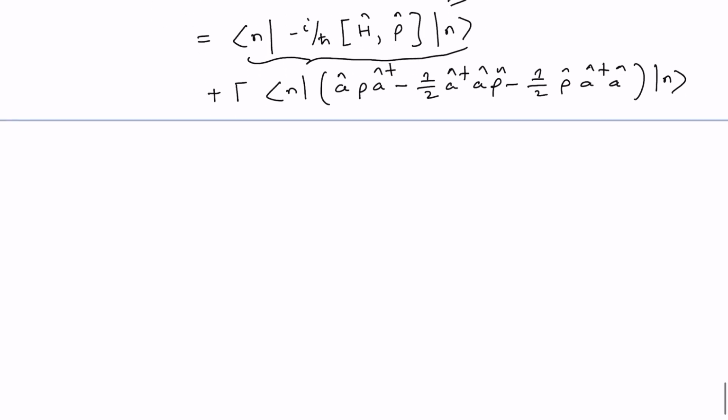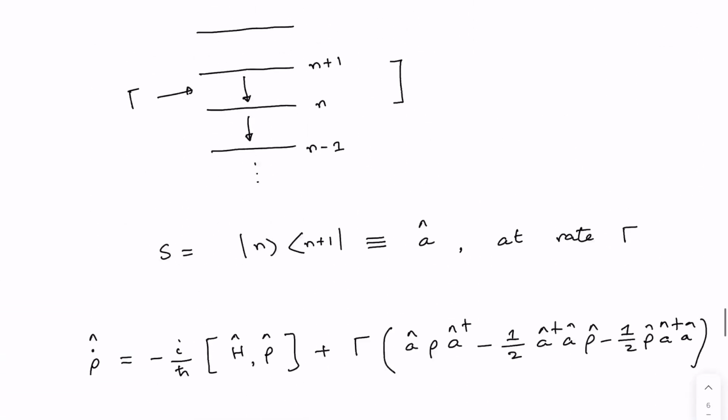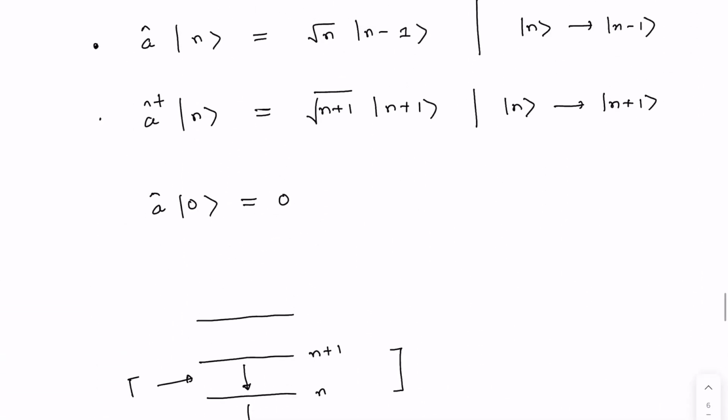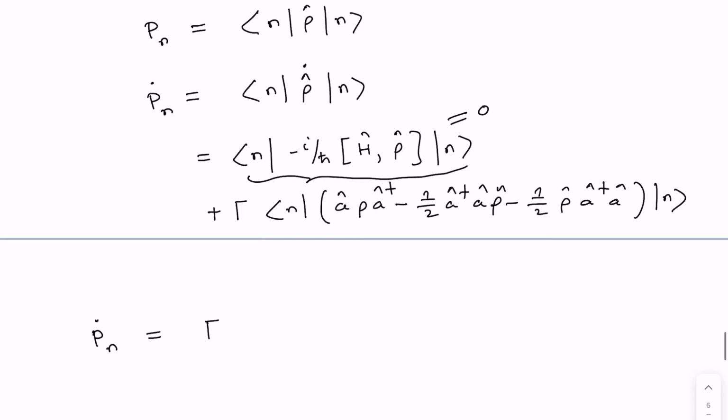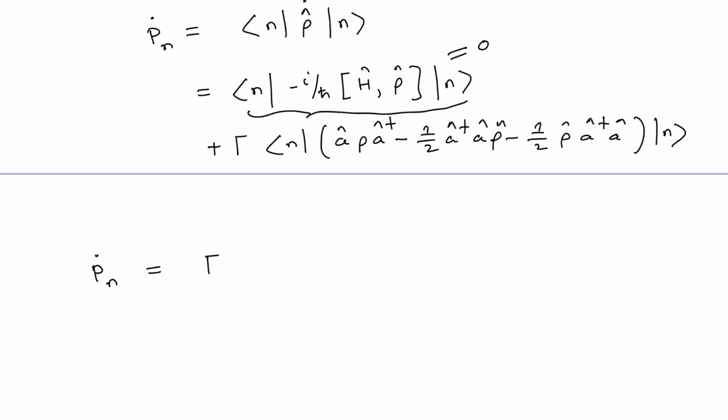Because the first term goes to 0, you are going to have p n dot. If you do the explicit calculation, which is very straightforward, and apply the properties of the annihilation and creation operators, the two relations you have already seen, you can work out the second term completely and you are going to get n plus 1 times p n plus 1 minus n times p n.